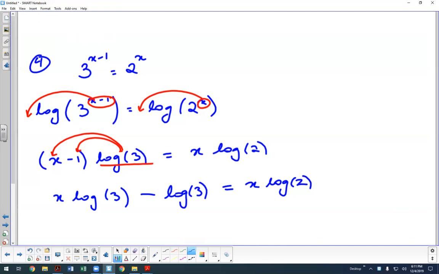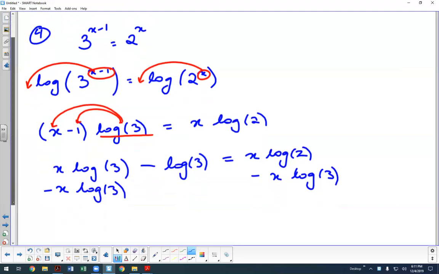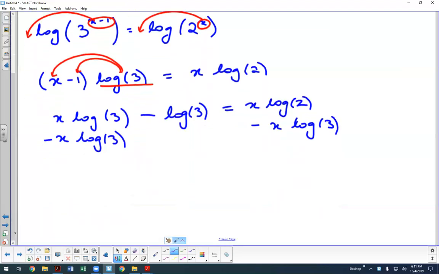Again, think about this almost like if this was 3x and that was 2x. We want to get our x on the same side. So let's start by subtracting this guy here, x times log of 3. These cancel out.